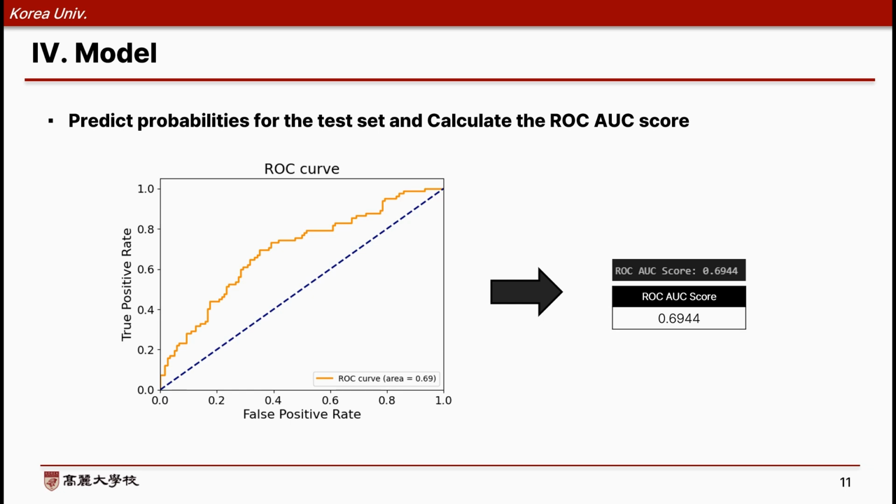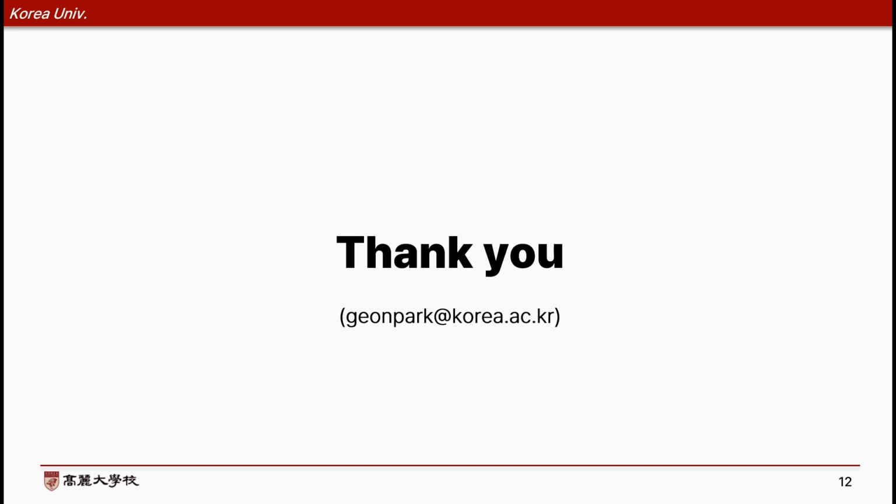Random prediction reflects an ROC AUC score of 50%. Therefore, with a score of approximately 69%, this indicates that it performs better than random prediction.